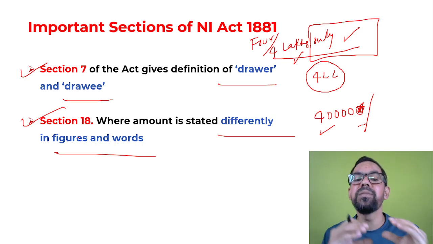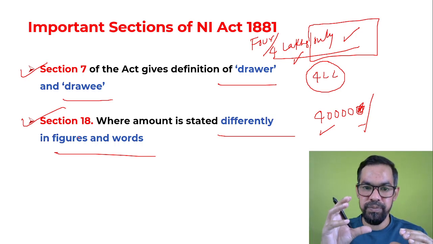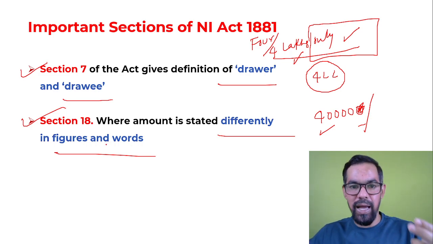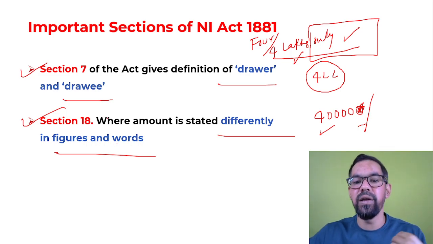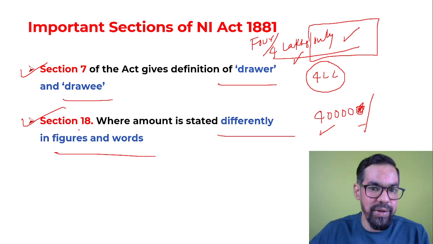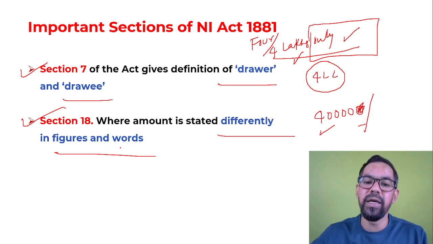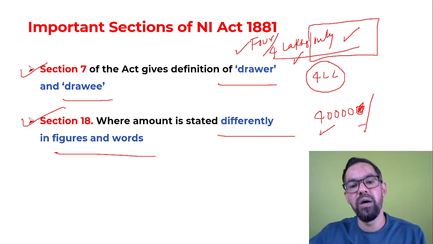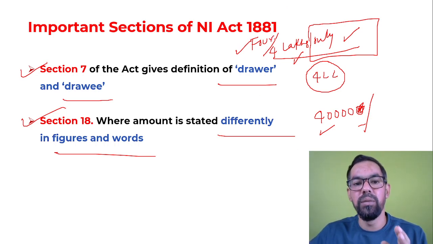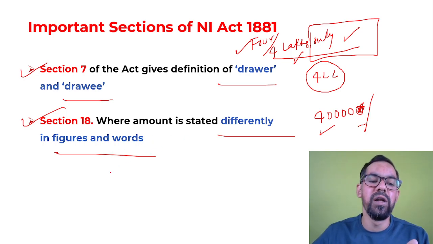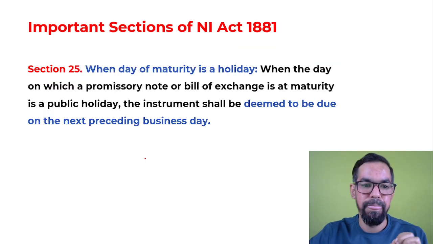If there is a mismatch between the words written and the numerics, the bank can dishonor this particular check, and if the issuer does not have any other document or replacement, in that case it may be approved by the bank also, because there is less chance of mistakes. So this difference in figures and words is generally defined under Section 18. Next one, Section 25.